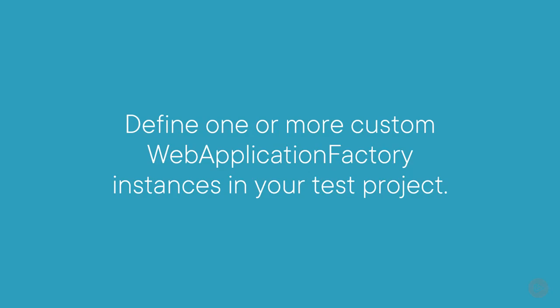For example, you might have some tests that work perfectly well using the EF Core in-memory provider, but other tests would need to use a real database or an instance of SQLite because they depend on more relational functionality. Likewise, you may configure authentication or authorization differently for some tests than for others, and you could do this using separate WebApplicationFactory subtypes.